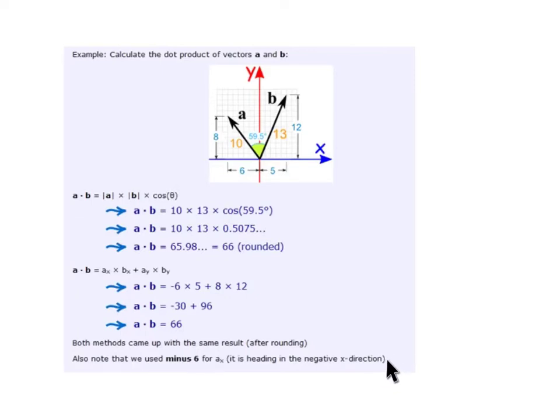And notice on this particular one, this was negative 6, which you would have seen in the components anyway, because this vector right here is negative 6, 8, and this one is 5, 12. So that's where they get that, and that's what this means down here.